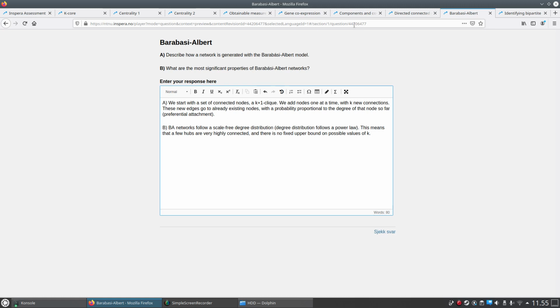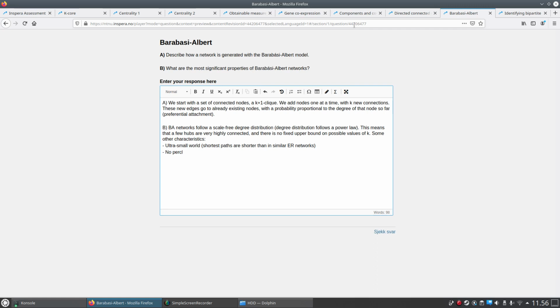And from there, there are a few other aspects that follow from that. Some other characteristics: ultra small world. Shortest paths are shorter than in similar ER networks, for instance.